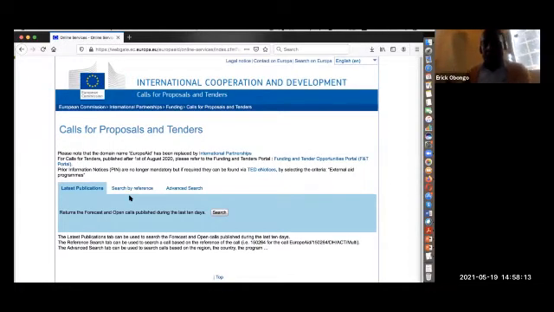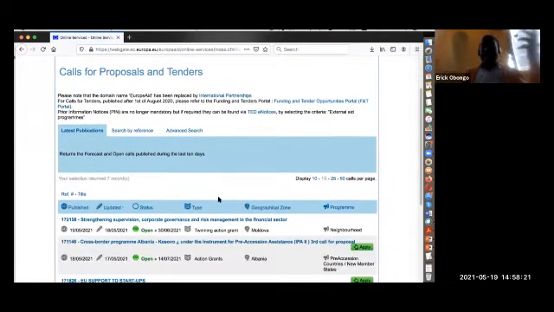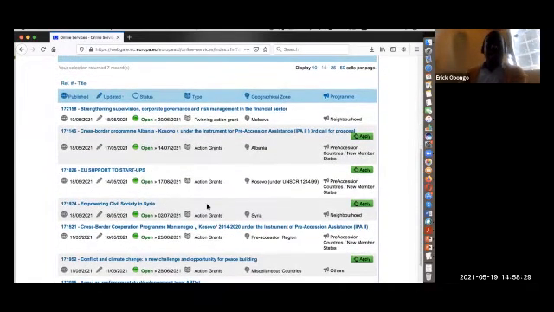So when you go to the icon for latest publications and do the search, it will bring you the codes which have been released and the ones which are open, which you can apply for, as you can see. When the status is green, it means that the call is open and one can put in an application.